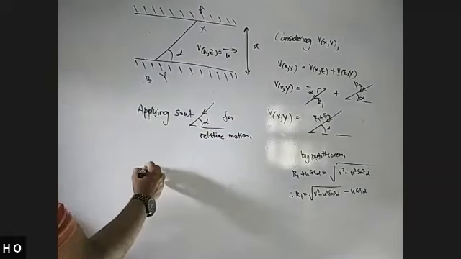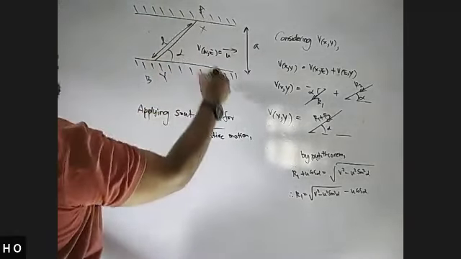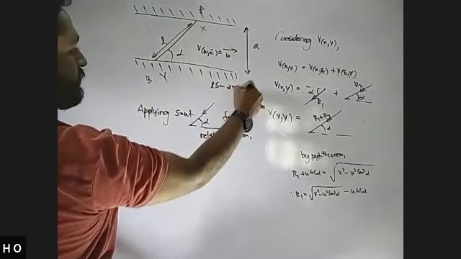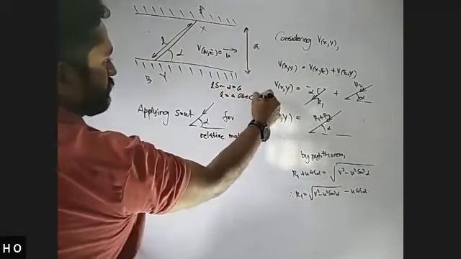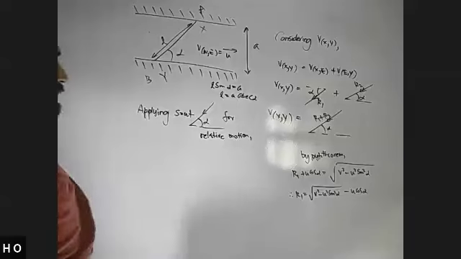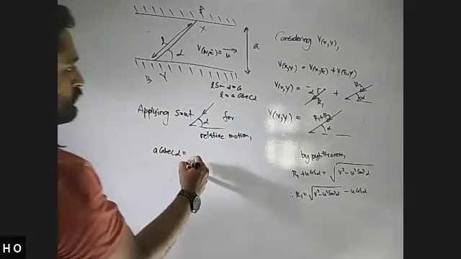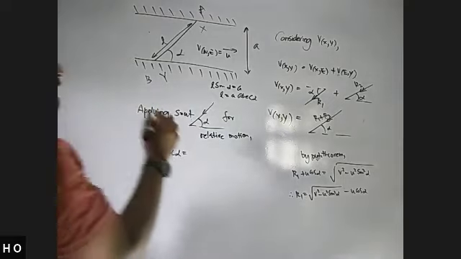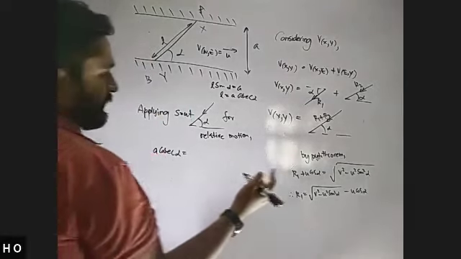What about S? Let us say this is L. L sin alpha is A, so L is A cosec alpha. So S is A cosec alpha, equals U T. What about U? It is R1 plus R2, and u cos alpha gets cancelled out.